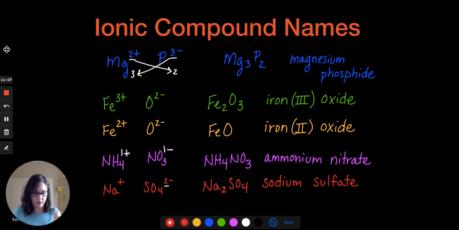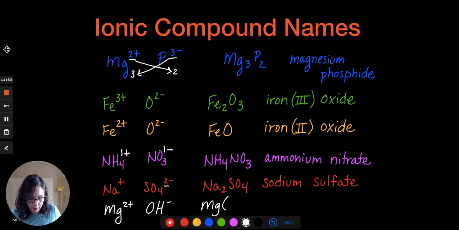All right, let's do one more because I want you to see one that would have parentheses for the formula. So let's do one where we have magnesium hydroxide. Okay, so we're going to pull magnesium again. I like magnesium. Okay, magnesium and hydroxide. Now, when we do this, we're going to do our crisscross method again, and we're going to have Mg, but we actually are going to put the hydroxide in parentheses because there are 2 of that entire hydroxide.